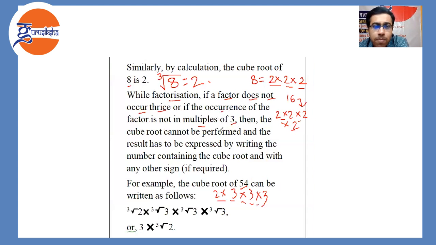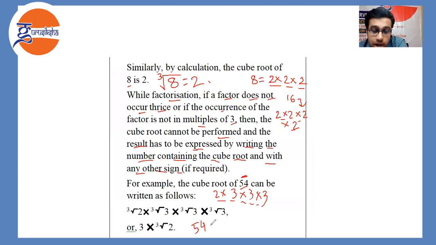Then the cube root cannot be fully performed, and the result has to be expressed by writing the number as it is, under the cube root, with any other sign if required. So let's do such a sum. Let's take 54 and calculate the cube root of 54.